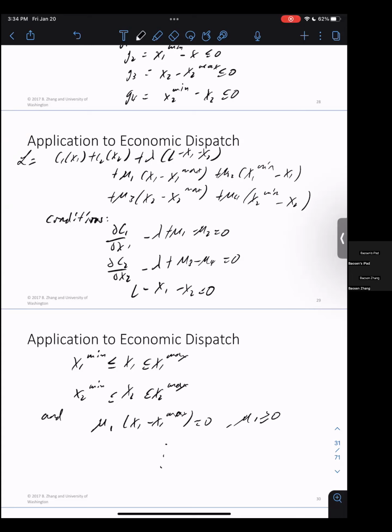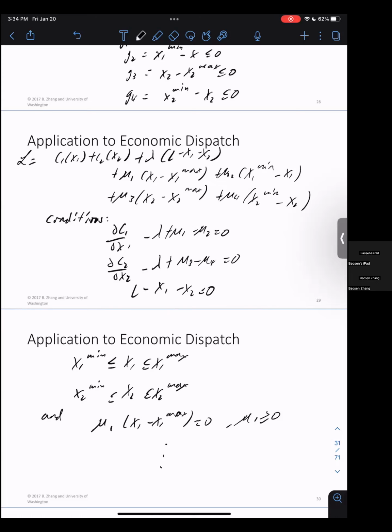So what is a good way of going about guessing? Given that most of these constraints will not be tight, what is the right way to start guessing? What is the first guess you should make? Solve the unconstrained part. Really, your hope is most of these are not tight.